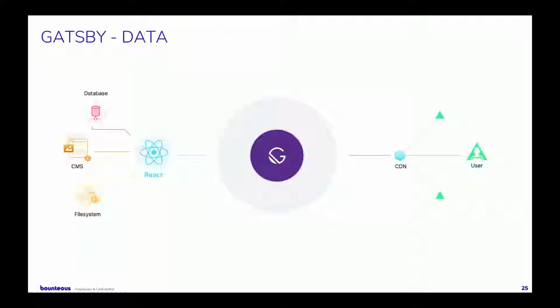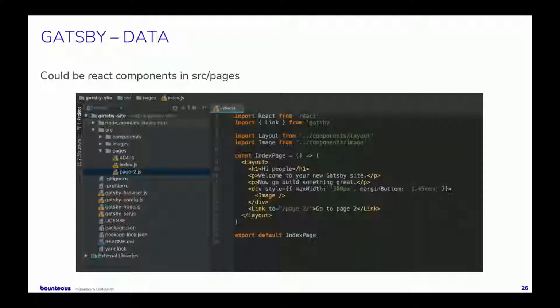So it has a lot of really interesting applications as far as using different sets of data together that, at least from my experience, some of the other static site generator tools are not necessarily as well suited to do. And at the end of the day, it just gives you your nice production build that you can host on a CDN somewhere. And yeah, about the data source plugins, so that works with a bunch of different CMSs, can work with a database, can work with flat files. There's tons and tons of options there.